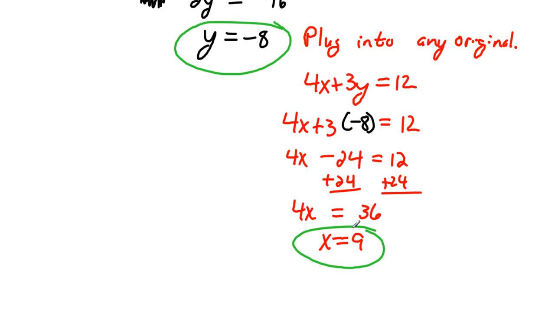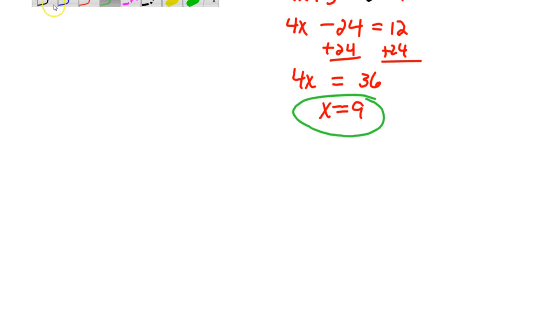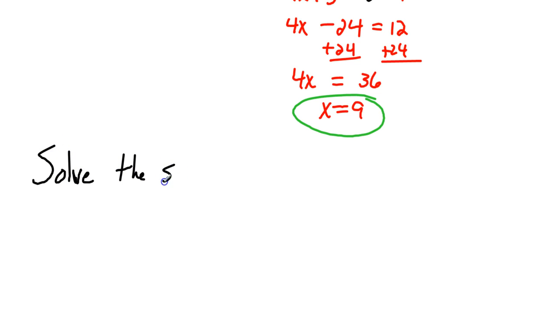Okay, and then the next thing they'll throw at you, still doing elimination on these, is they're going to ask you to solve the system. Again, these are all still elimination with multiplication and addition.